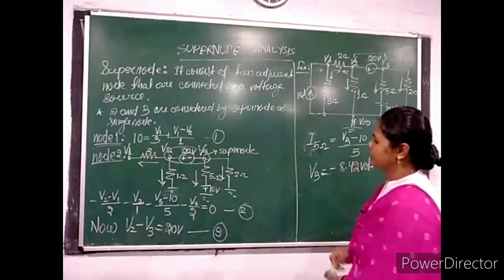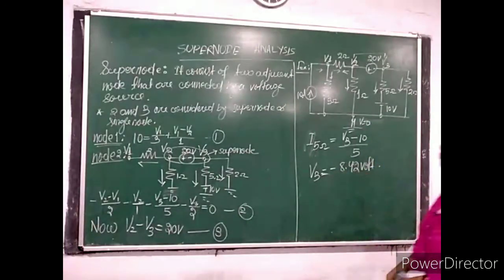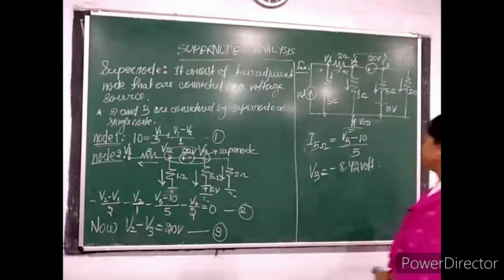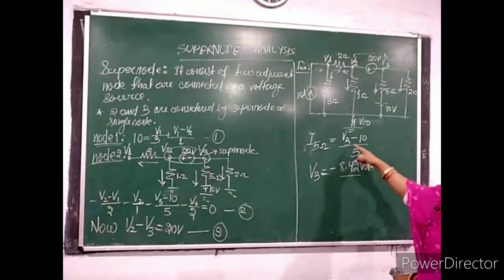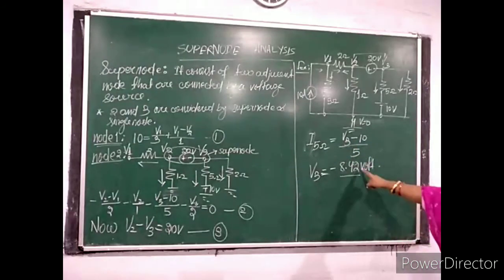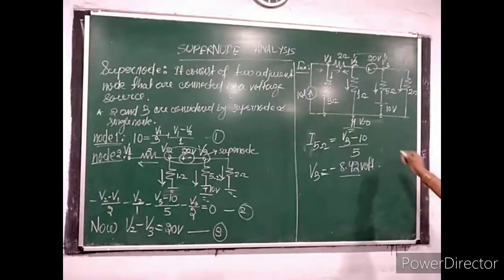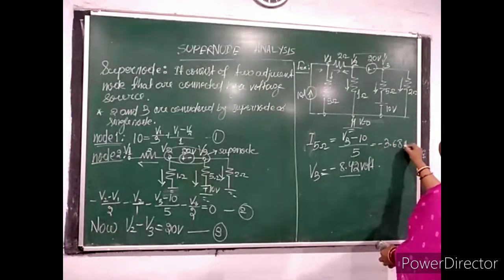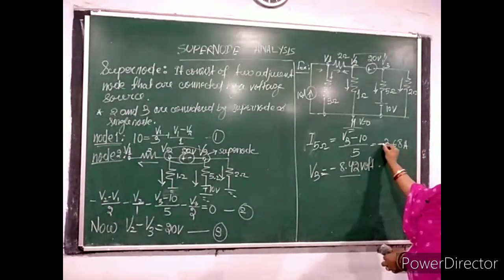And how you get this value? By solving equation 1, 2 and 3. And if you put this value in this equation, you get current flowing through 5 ohm resistor is minus 3.68 ampere.